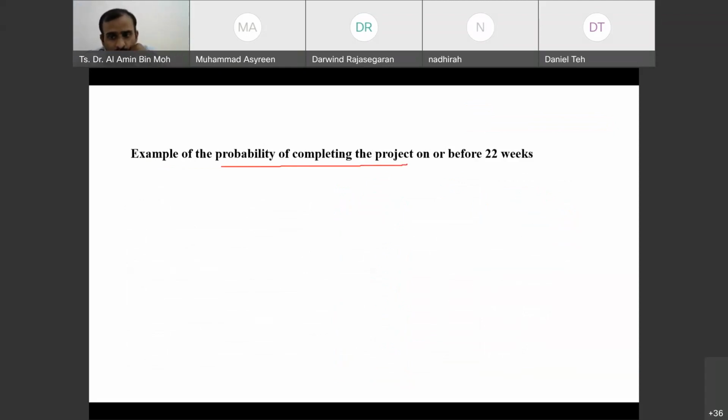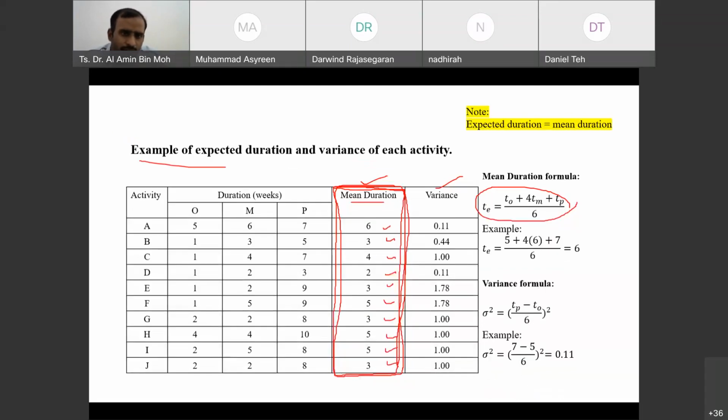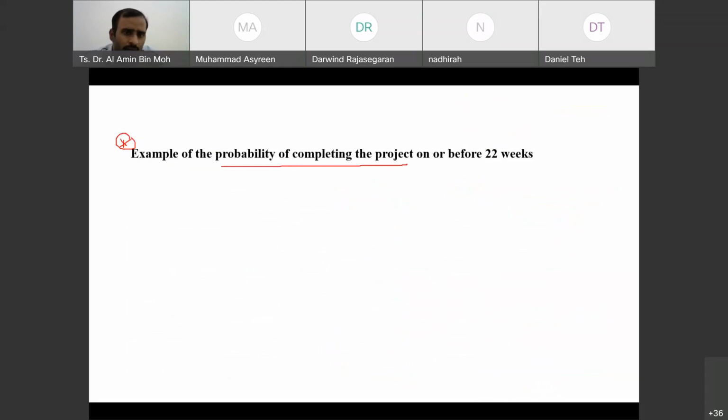For example, they say, I want to know in this project, what is the probability of completing the project on or before 22 weeks? So here you need to calculate the Z, the probability.